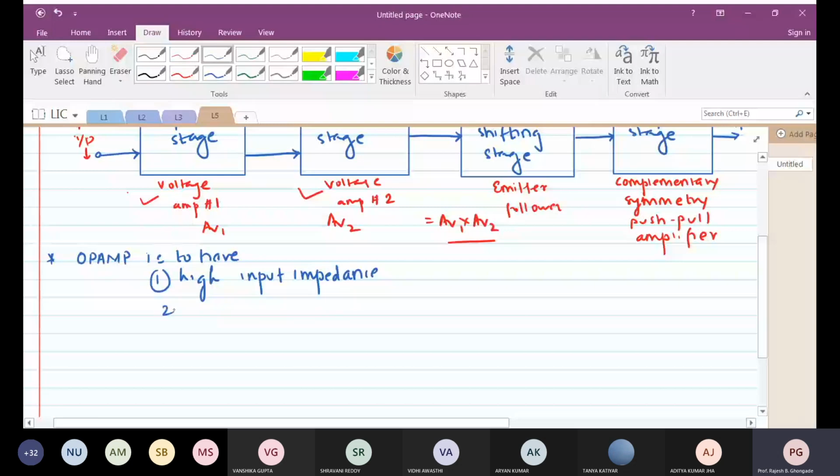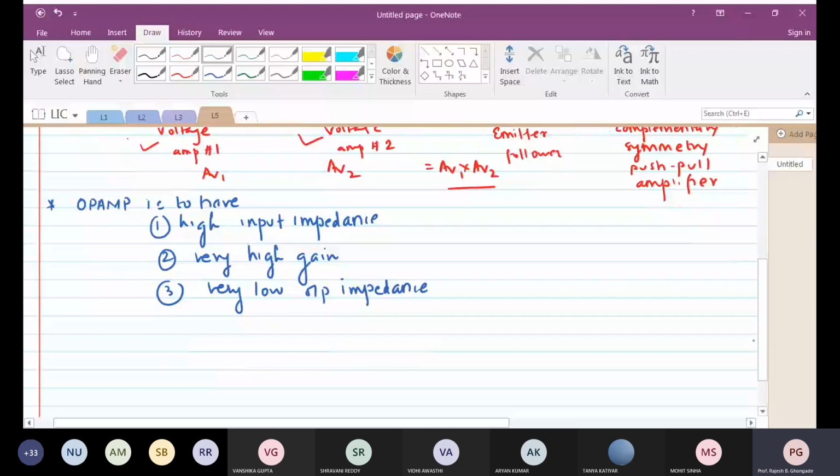Two, very high gain. And three, very low output impedance. We will start with these three basic things. Okay, that is what our operational amplifier is expected to have.